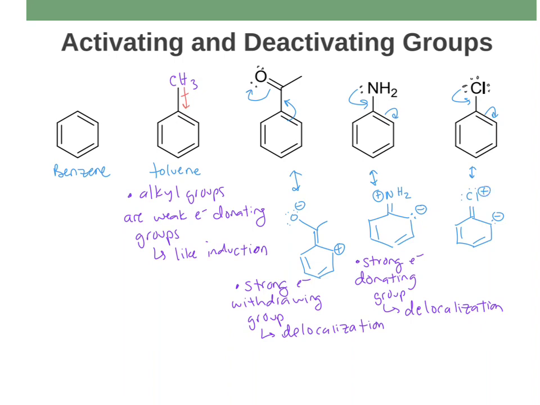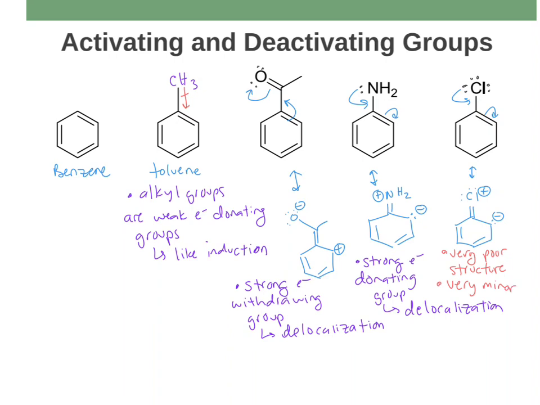While this technically can happen and it's a tiny bit delocalized, this is a very, very poor structure, right? Very high energy, because you have a positive chlorine. Very poor structure, or in other words, a very minor contributor.